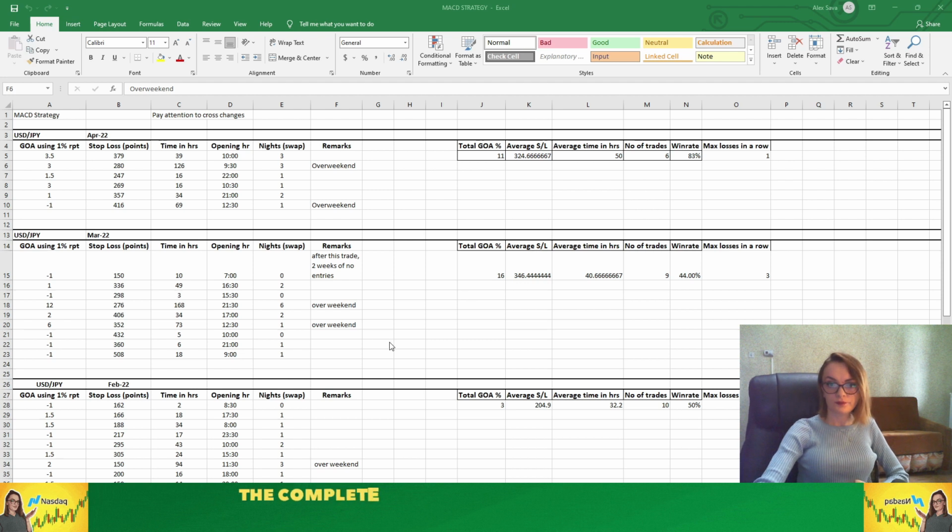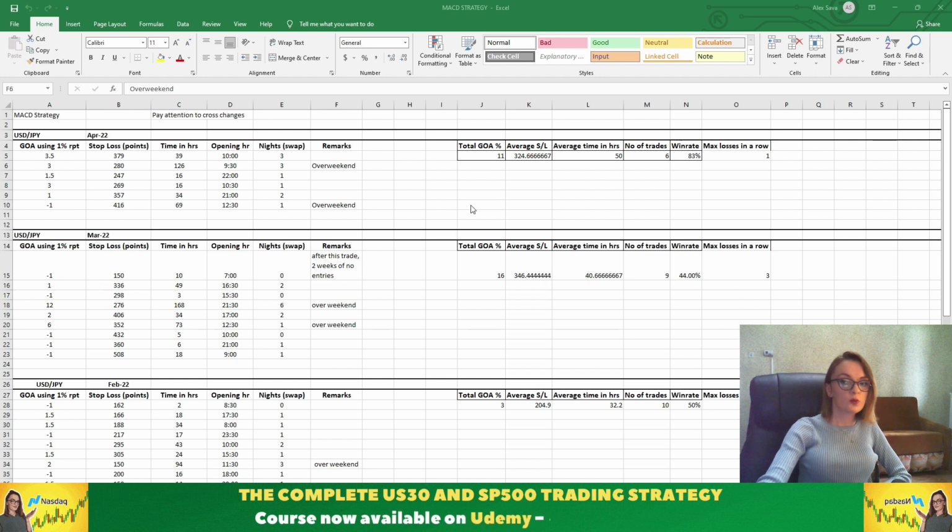First of all, you will see that total gain on account varies a lot. There are months when you will make more than 10% in a month with only one pair using 1% risk per trade, but also we have the case of February, when trading only USD JPY would lead us to a gain on account of only 3%.